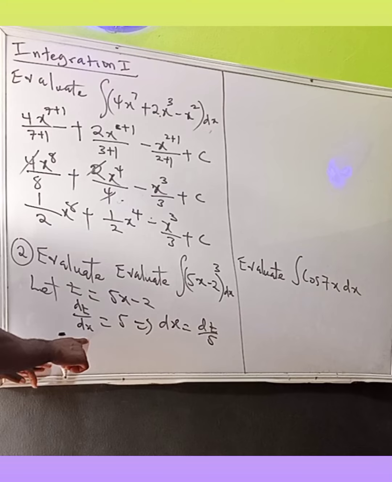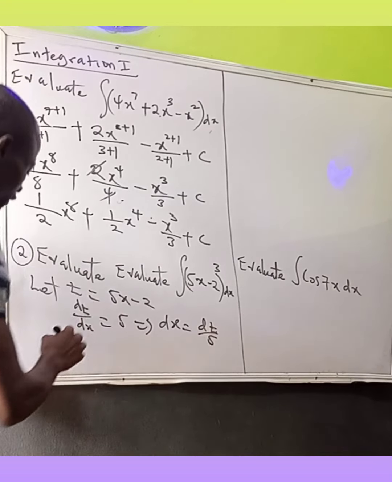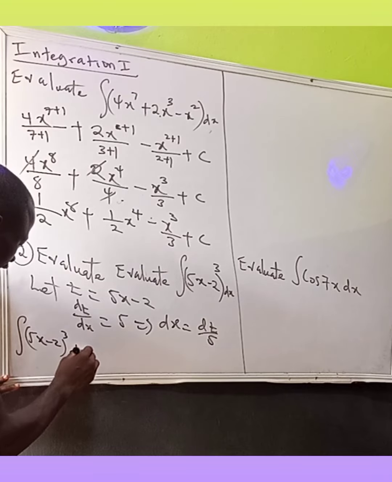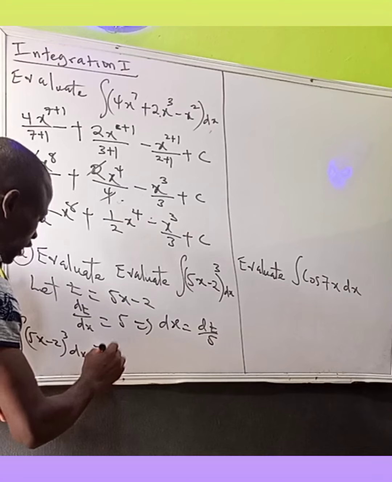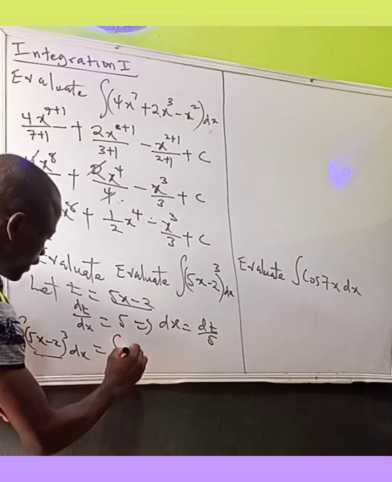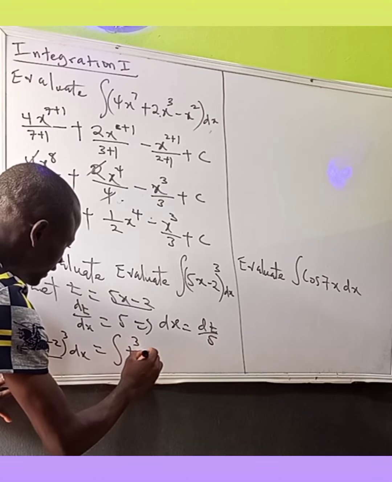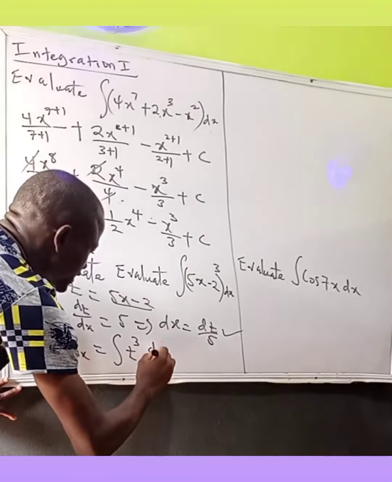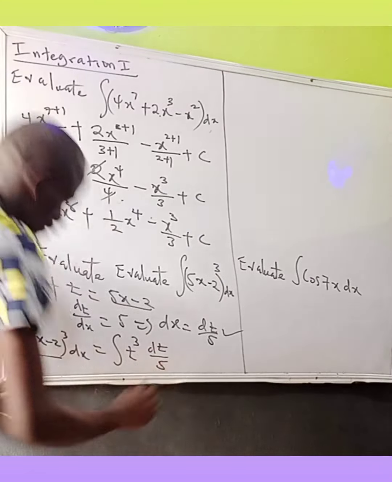So if that be the case, it means we're going to have the integral of 5x minus 2 raised to power 3 dx. This question will now be the integral of the whole of this. The whole of this is t, so we replace it by t raised to power 3. Then what is dx? dx is dt divided by 5.